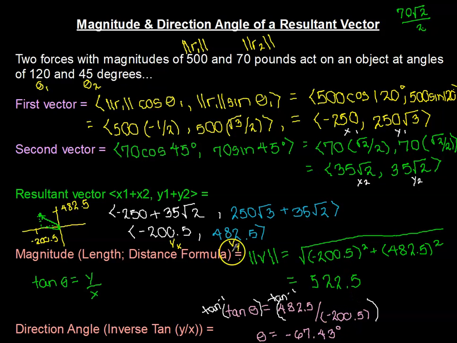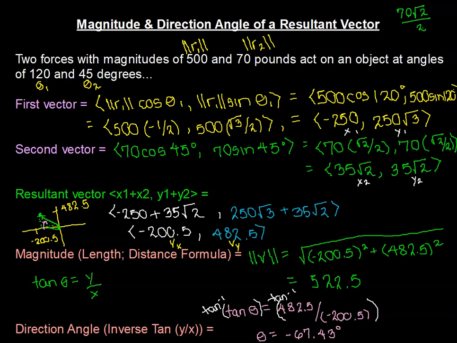I kind of want to throw this out there. You might not see it in the example, but just a fun fact, negative angles means they go clockwise. They're going this way. So to get to this vector, the only way I'm going negative 67.43 degrees and hitting this vector is if I'm starting here. So this is actually the direction angle.